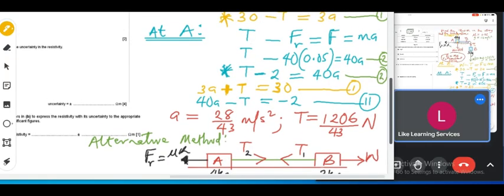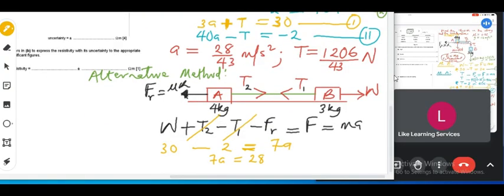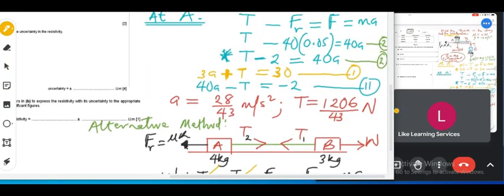When you do both, you get the same answer always. 3A plus T equal to 30, and 40A minus T, 40A minus T equal to this.